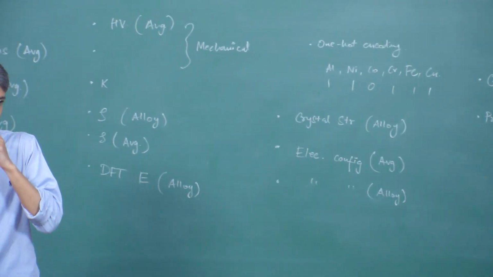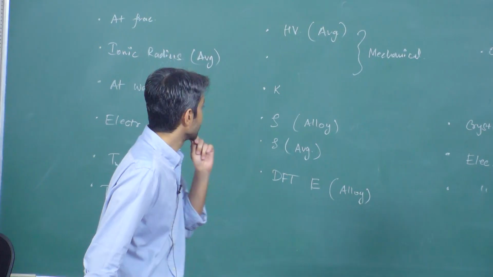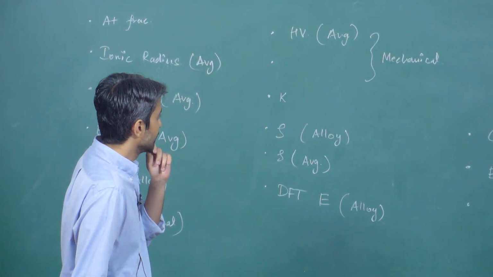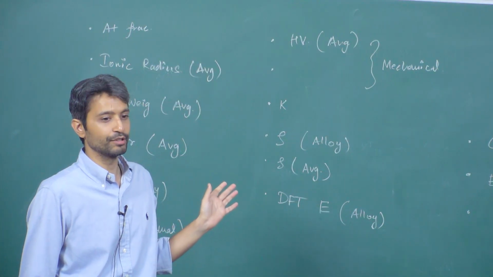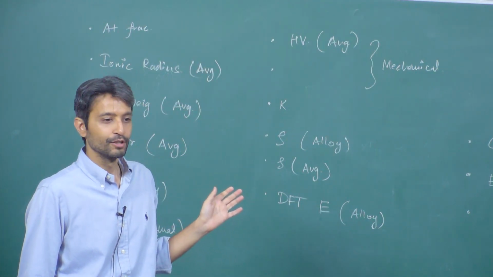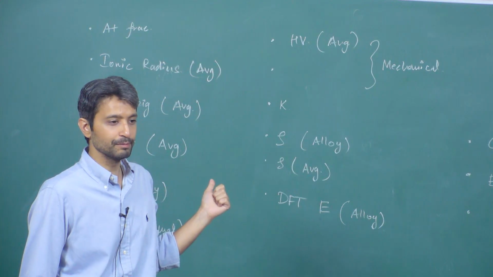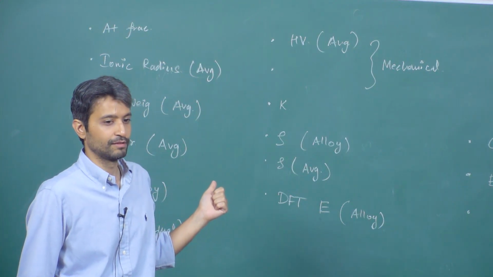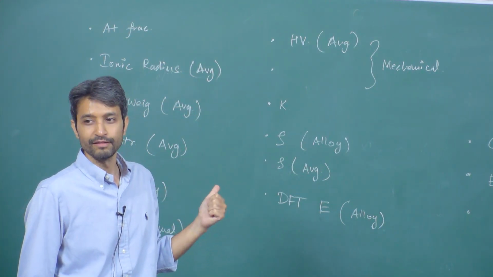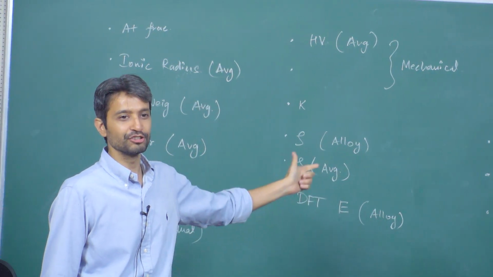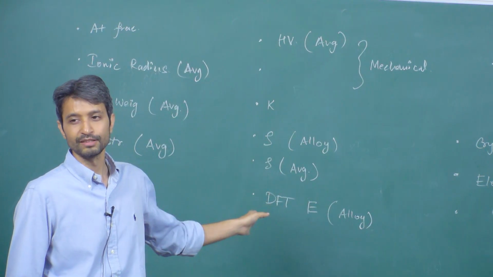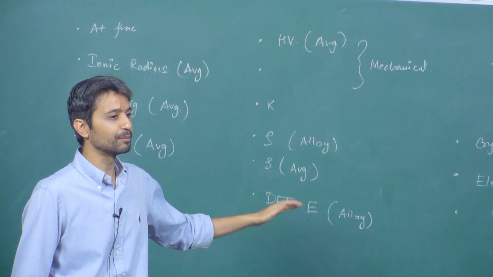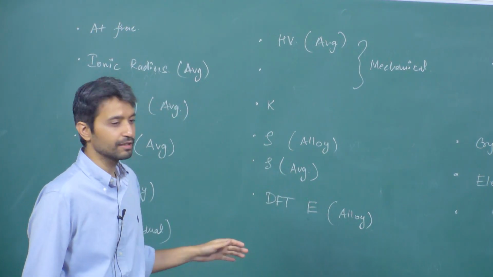Still, let's see, have we covered the rules that come to your mind when I say alloys? Hume-Rothery rules. Have we covered all of them? Valence electron concentration is sort of there. Valency, sort of there, sort of not. A slightly different form is there.